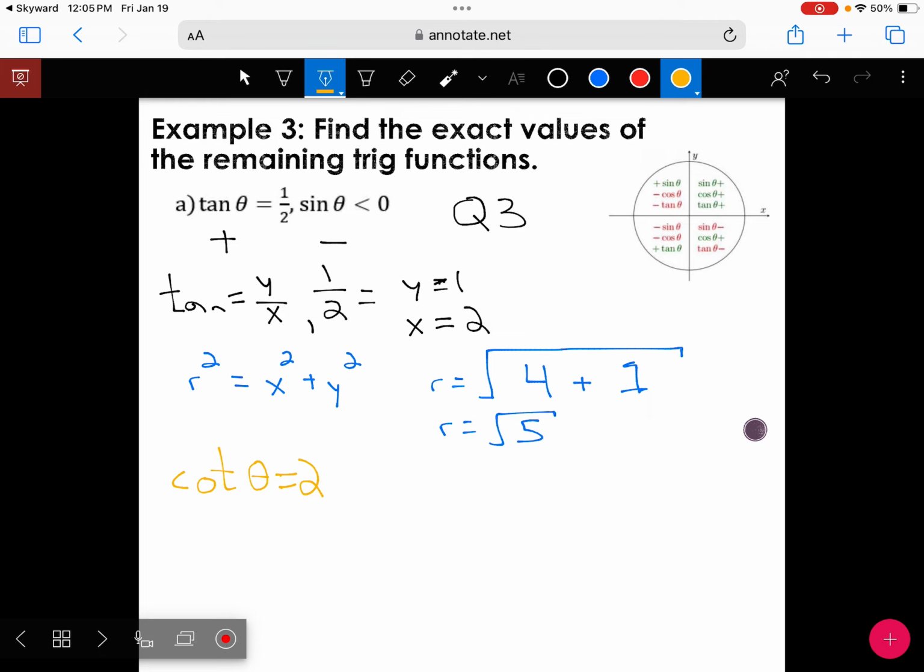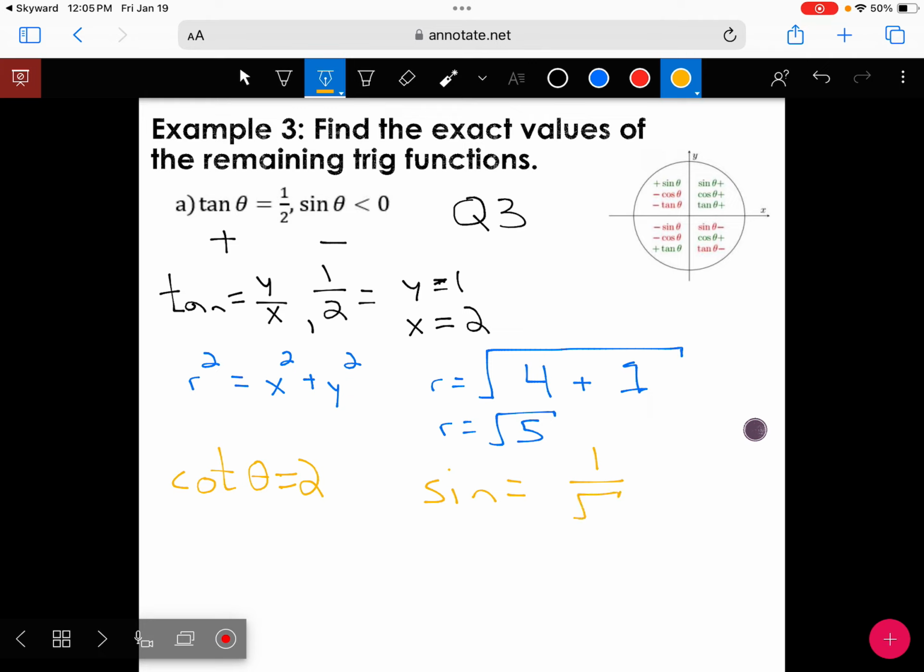Next, we can start with whichever we'd like. Let's start with sine. So what's the equation we have for sine? Y over r. Yep. So whenever we think sine, we think y. If we're not on the unit circle, it has to be y over r. So what's our y value here? 1. And what's our r value?